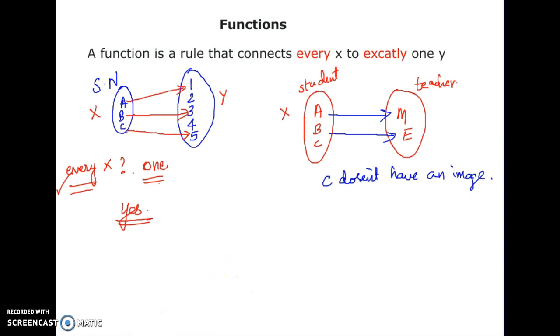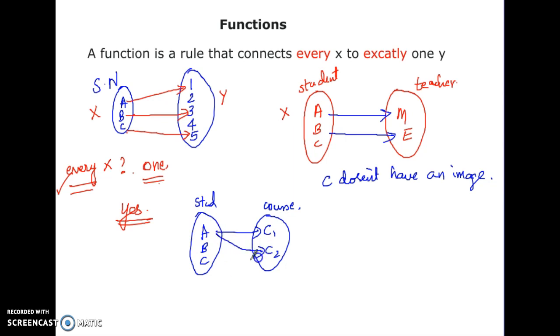Another example that I can give you, again, the student and a course. We have students A, B, C and course 1 and course 2. Let's say the first student is enrolled in both courses and the other 2 students are only enrolled in course 2, like that.